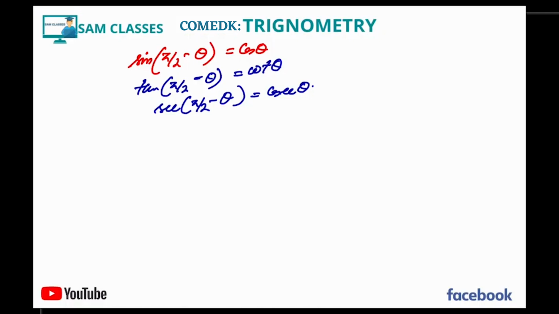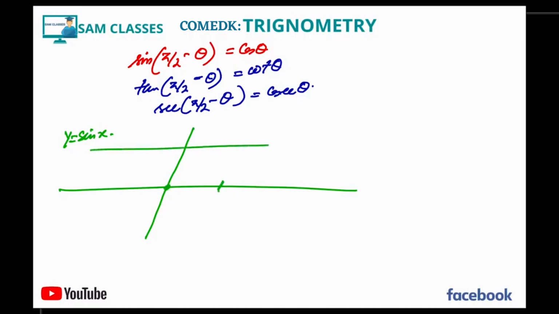So first, let's see how to draw the graph of sin x. So y is equal to sin x. So we should know basic middle values. First, sin 0 is what? It's 0. Sin 90 is the maximum value, that is 1. Now next, at sin 180 degree, we have again 0. Okay. So we know this much.